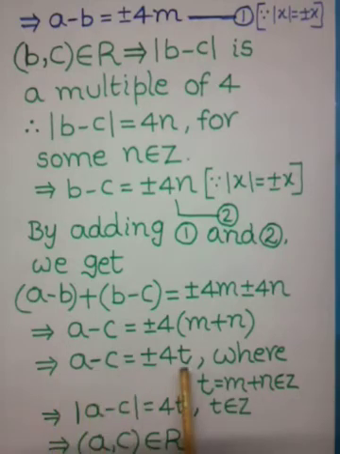Therefore, again this equation can be written as modulus of A minus C is equal to 4t, where t belongs to Z. How do you write the relation between A and C? The ordered pair (A, C) belongs to R. Okay, my dear children.